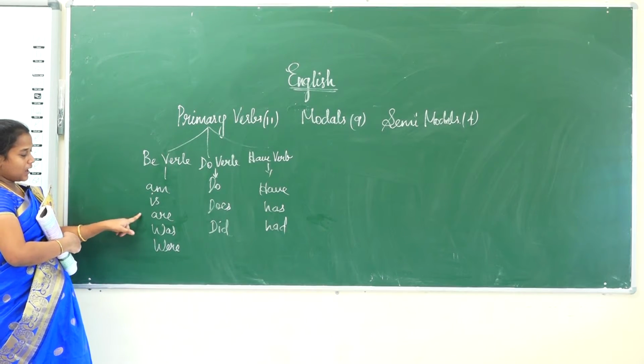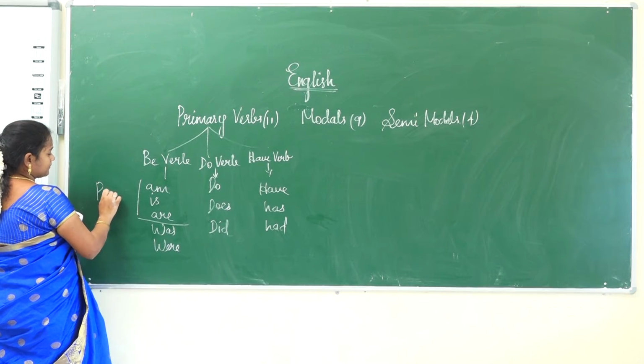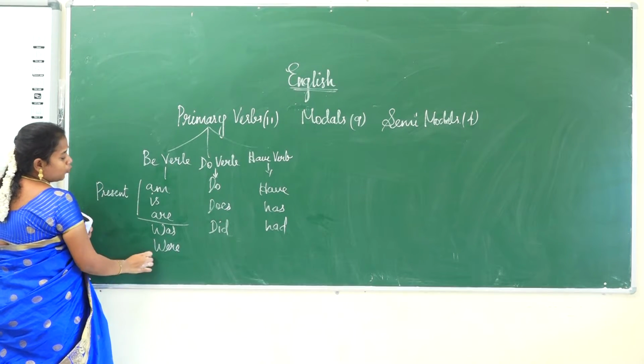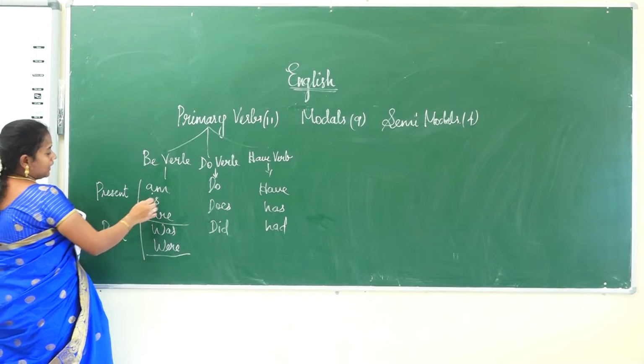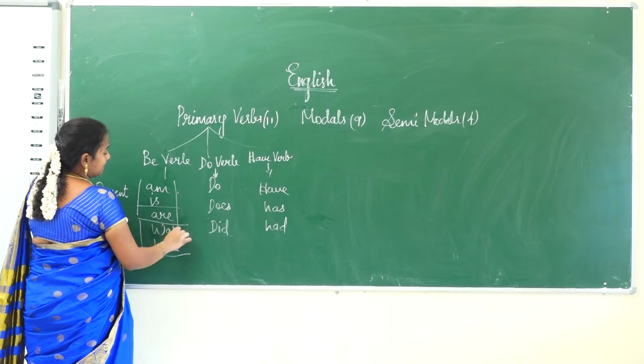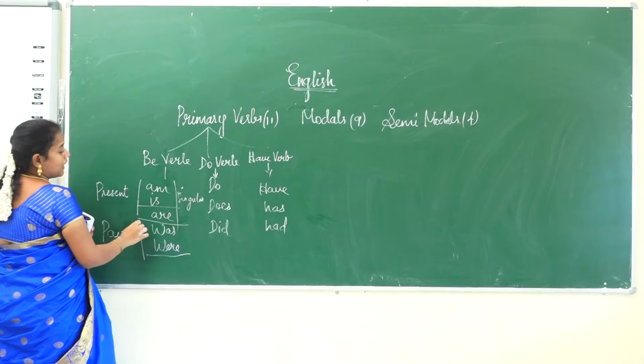Am, is, are are present tense. Was and were are past tense. Am and is are singular. Are is plural.